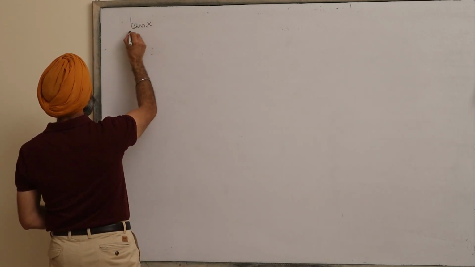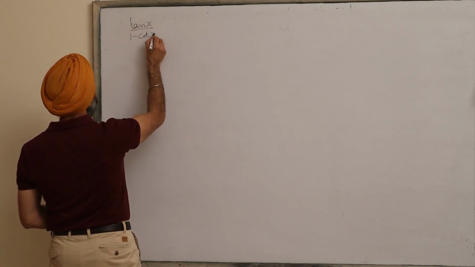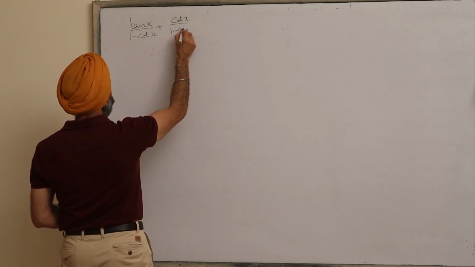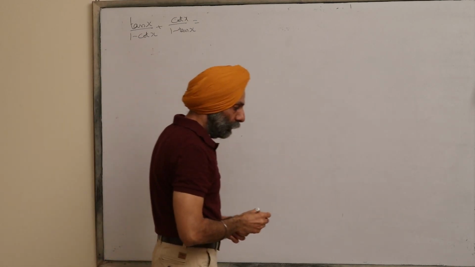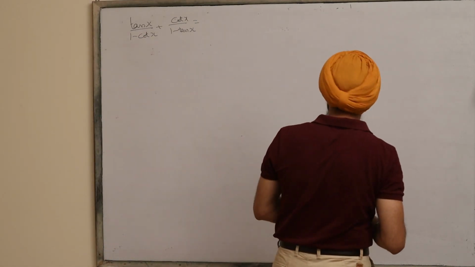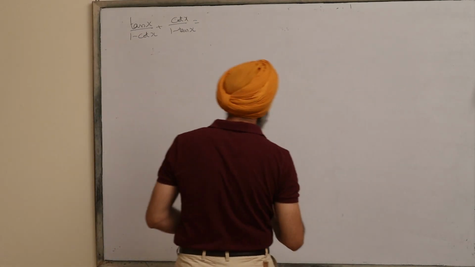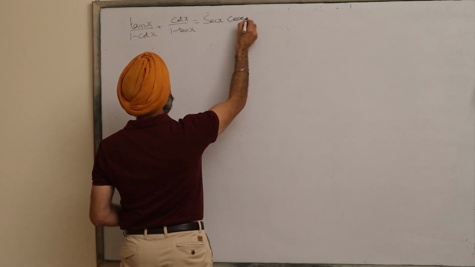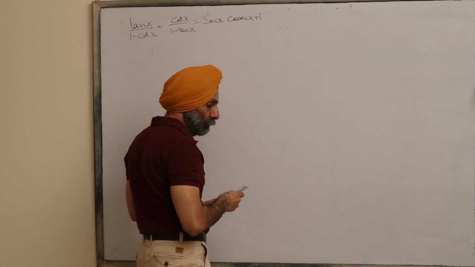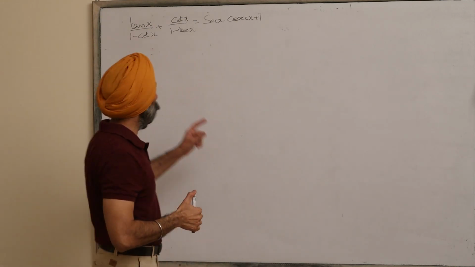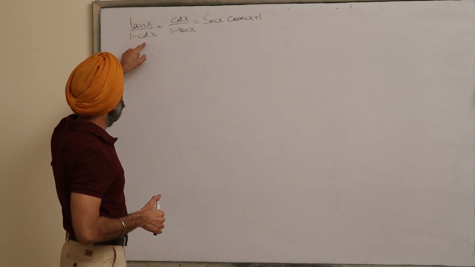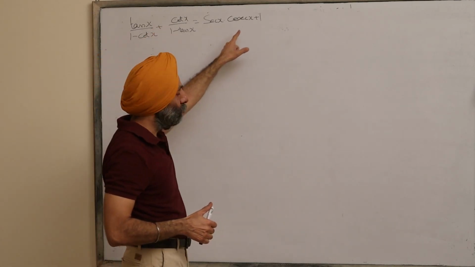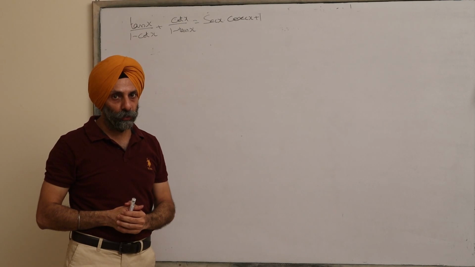What we have to prove here is tan x over 1 minus cot x plus cot x over 1 minus tan x, and this should be equivalent to secant x into cosecant x plus 1. So what we have to prove here is tan x over 1 minus cot x plus cot x over 1 minus tan x is equal to secant x into cosecant x plus 1.